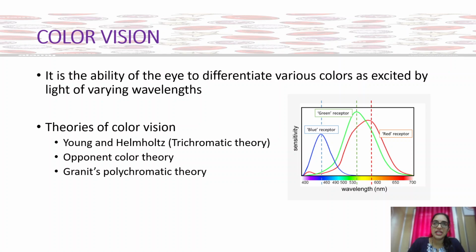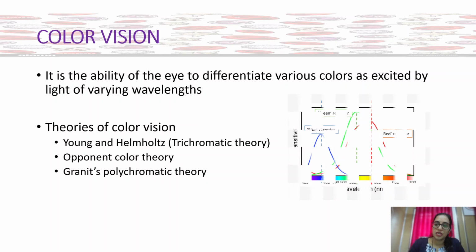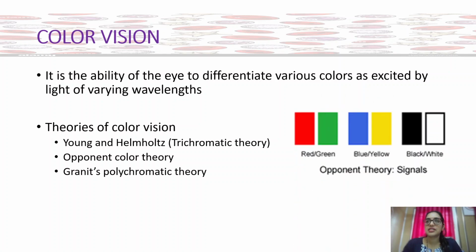So a mixture of all these three colors gives you the sensation of the colors around it. Whereas the opponent color theory says that there are two colors which are mutually exclusive. So when there is increased absorption of red, green is seen. When there is increased absorption of green, red is seen. So there is no color that is reddish green or bluish yellow or blackish white.